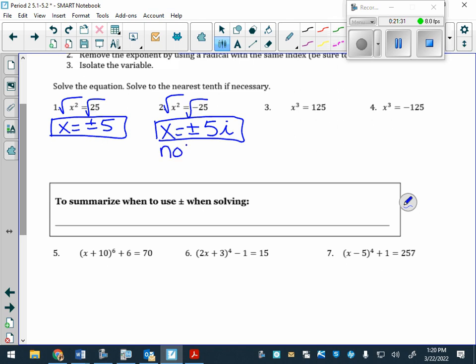So this is not a real solution, as we know. Okay. So taking an even root of a negative number will be an imaginary solution. Okay. Now, number 3. We have x cubed equals 125. How do we go about that? How do we solve it? What do we do? Danielle?